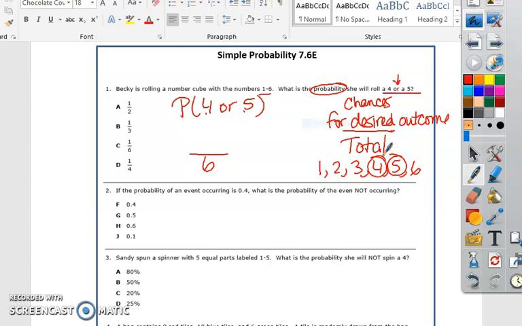How many chances do I have of getting a 4 or a 5? Hopefully you know I have 2 chances. Now I need to simplify that. I can already tell that one is incorrect. What do I get?